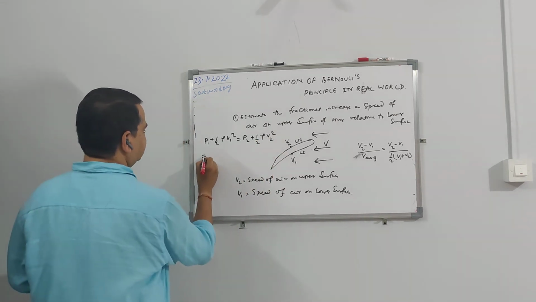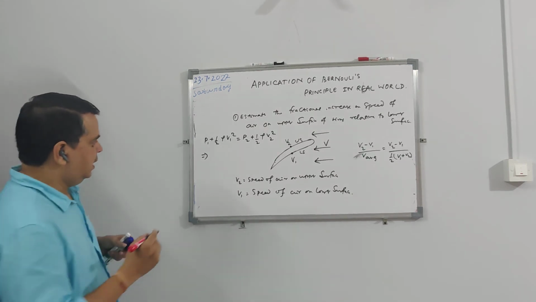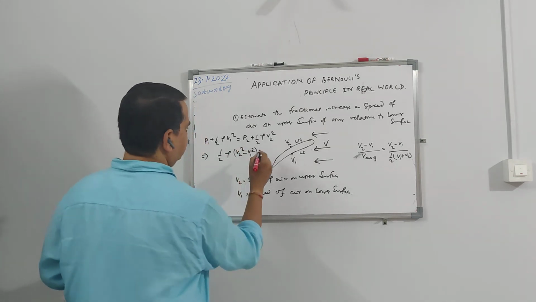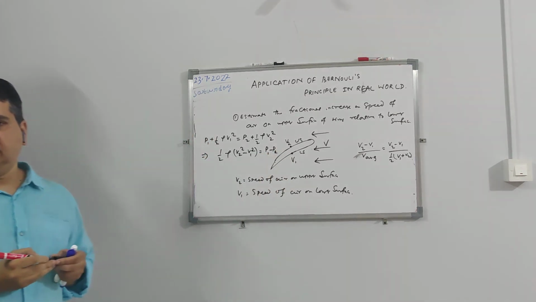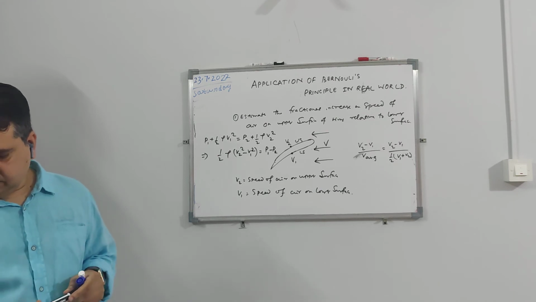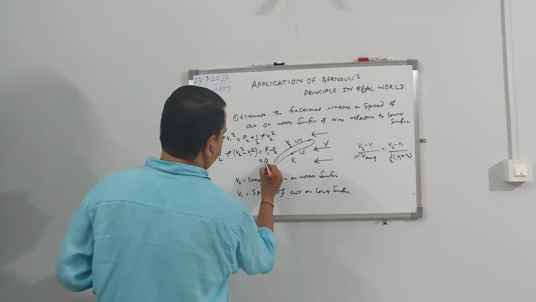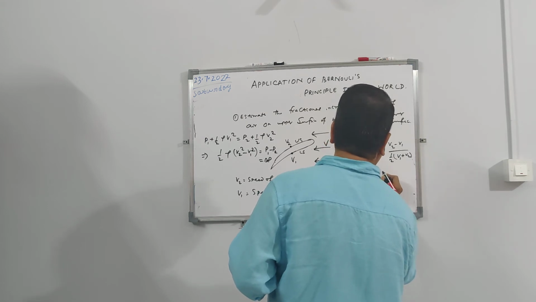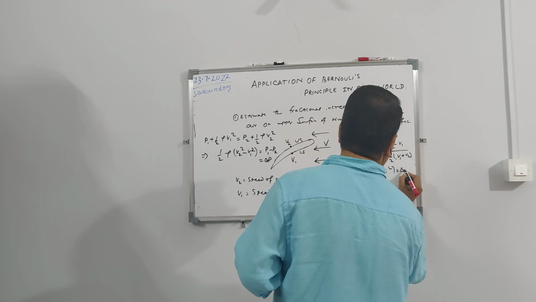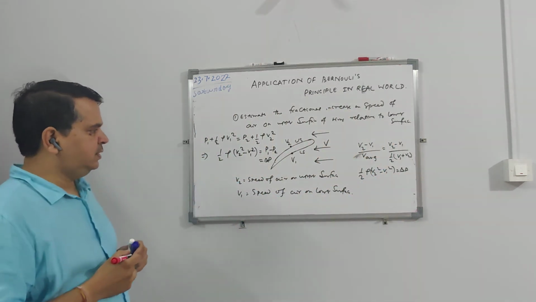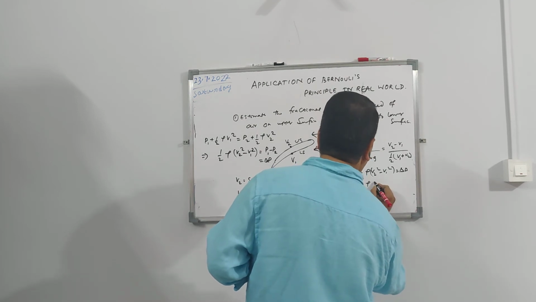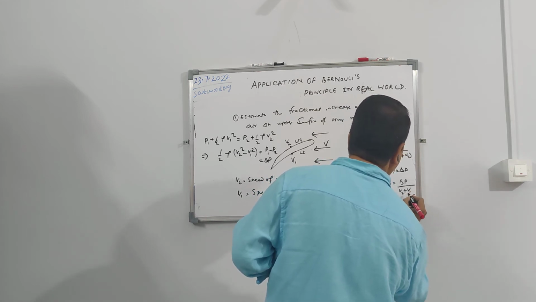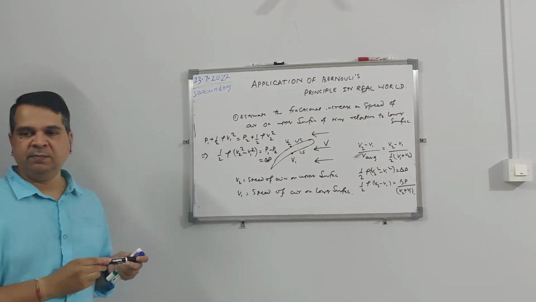That means half rho into V2 square minus V1 square is equal to P1 minus P2, which we can write as delta P. So half rho V2 square minus V1 square is equal to delta P. That means half rho into V2 minus V1 is equal to delta P divided by V2 plus V1, because V2 square minus V1 square is nothing but this.